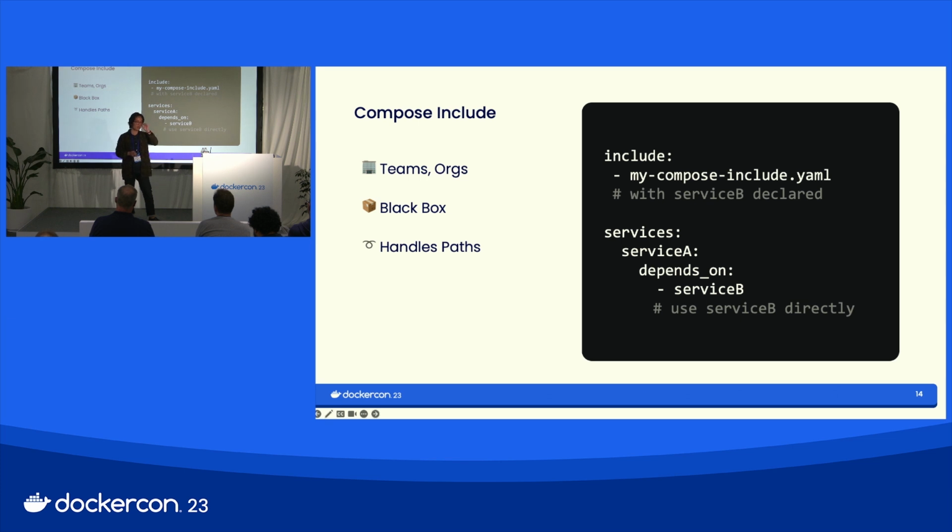But unlike some of the other ways in which you can make use of existing configuration, like extend, you don't have to understand and precisely be able to override the contents of what's being maintained. So this is to encourage a structure where, let's say you have a giant, several hundred lines compose file, you can break that down into just a main file that has a series of includes to individual compose files, definitions that are maintained by those who know that part of the application best.